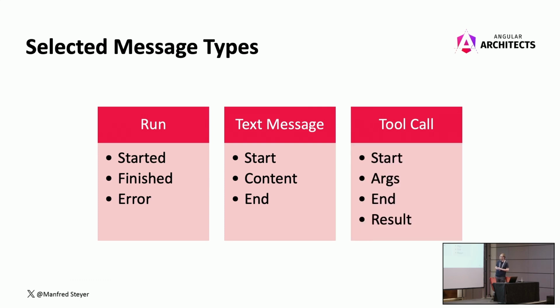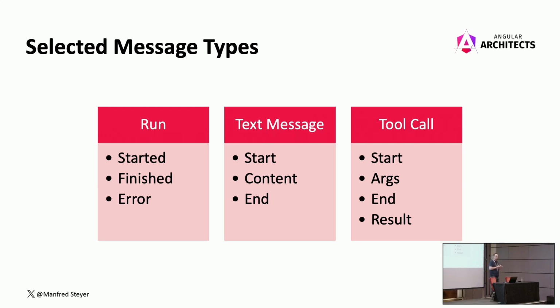When it comes to tool calling, it's similar. We start the call for a tool, and then we can present arguments with one or many messages. Also, arguments can be streamed. When we have sent all arguments, then we send an end event, and then the tool call starts, or the tool starts.